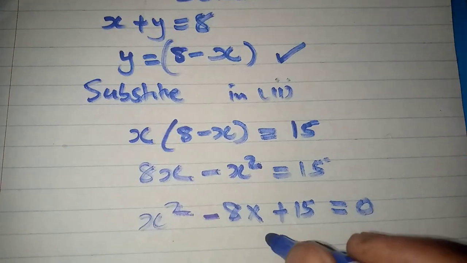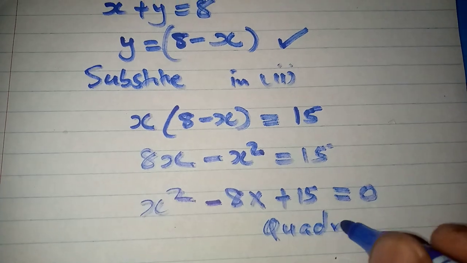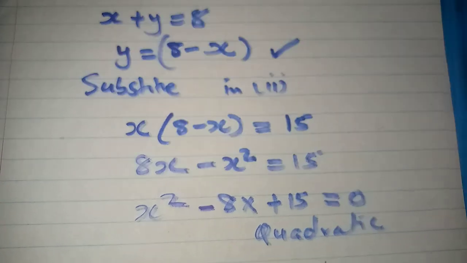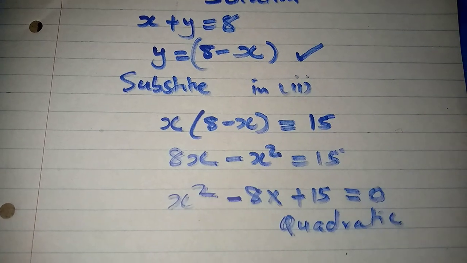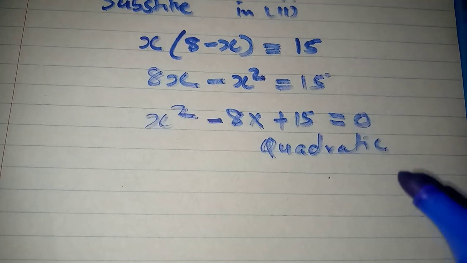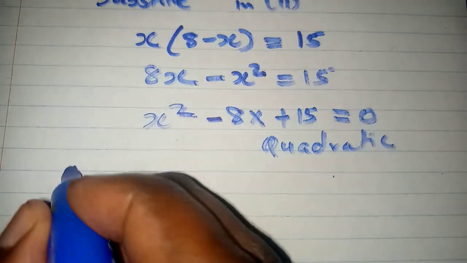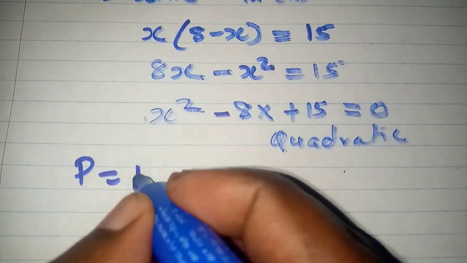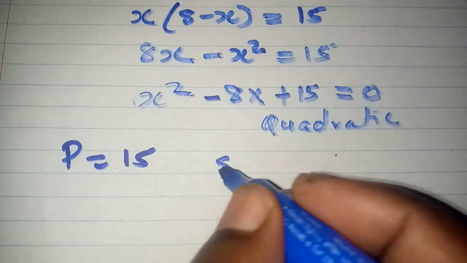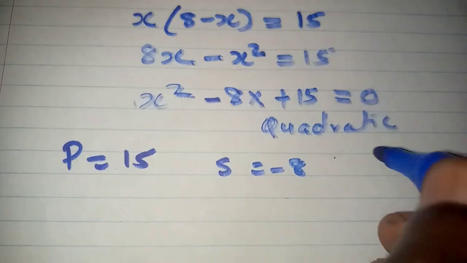So guys, this is a quadratic equation, and I'll solve it using the factorization method. I'll find the product of the coefficient of x squared and the constant, which is 15. The sum will be negative 8.